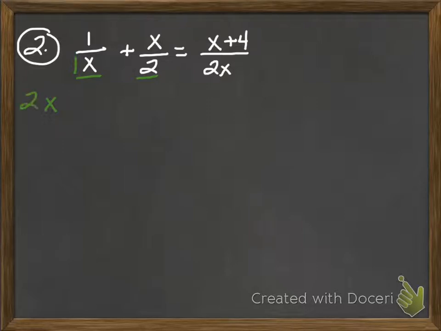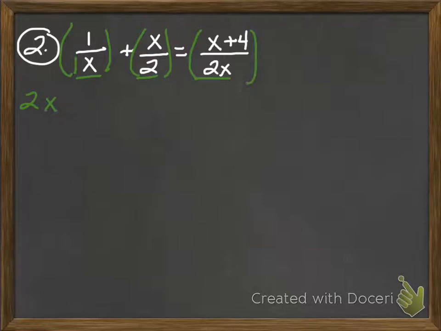Alright, so 1 and 2 both go into 2. The fraction on the right-hand side has 2x. Well, I already have both of those included in my least common multiple, so every single one of my denominators is covered. So now I have to go into each fraction and multiply these by 2x, and we'll see what happens.